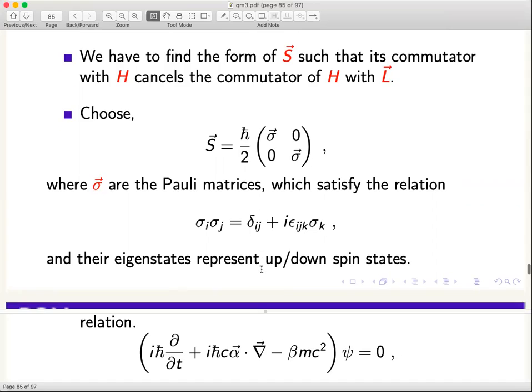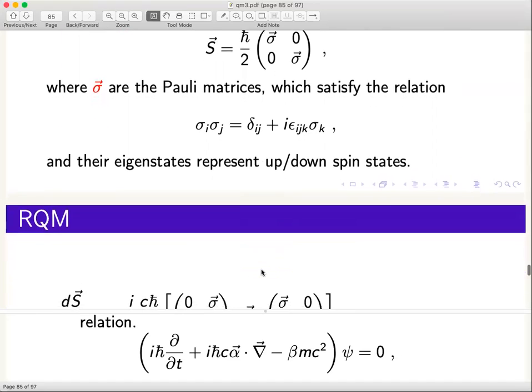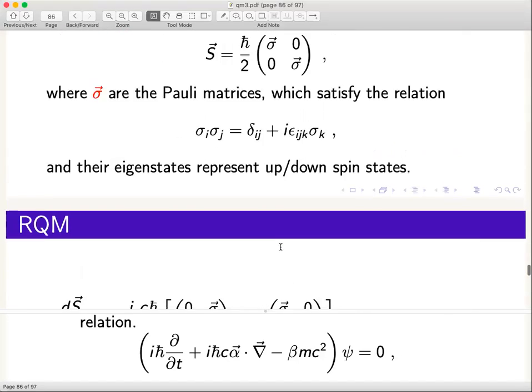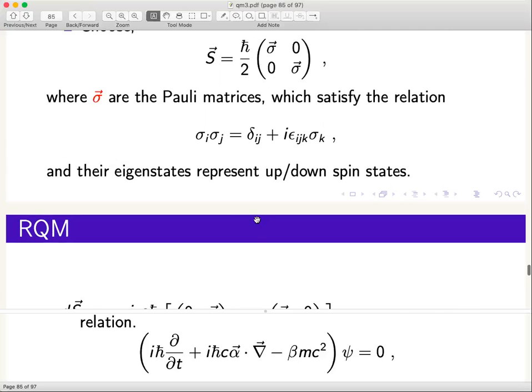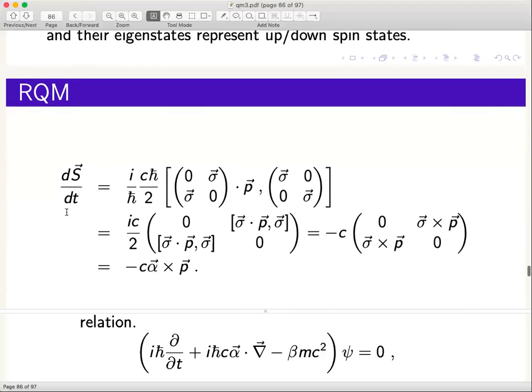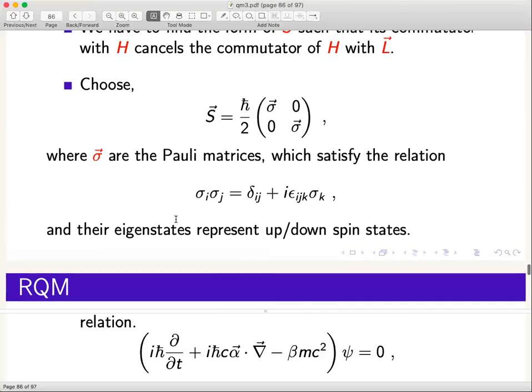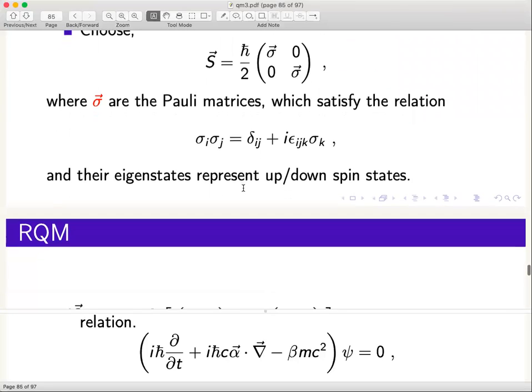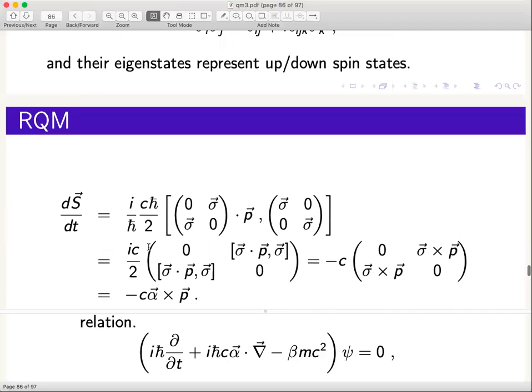So let's see how this operator varies as a function of time. So dS by dt, notice that it has an h bar by 2 factor, so you can write down this expression as h bar by 2 times this matrix.